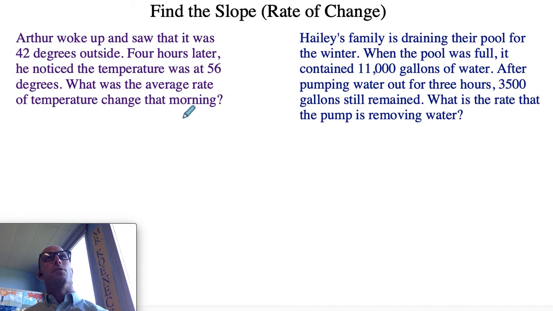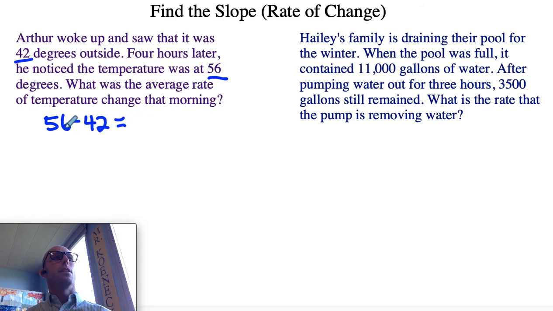We want to know what the temperature change was like over time. That's the rate this is asking for. It went from 42 to 56, so I need to figure out the increase. To find that difference, I'm going to take 56 minus 42.